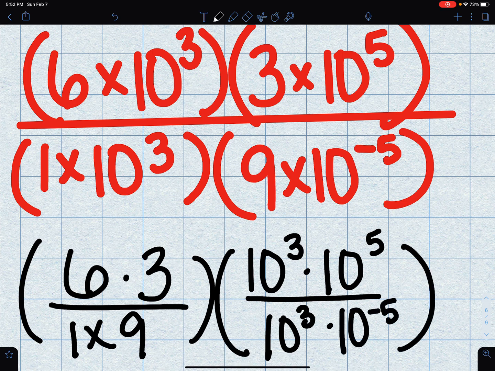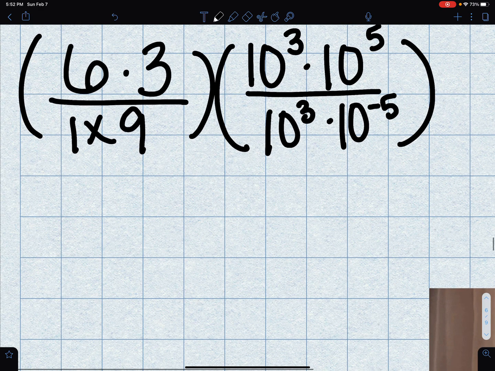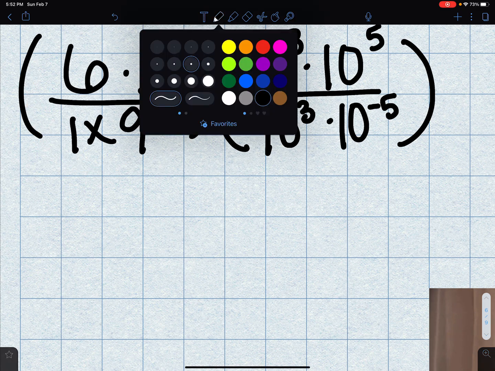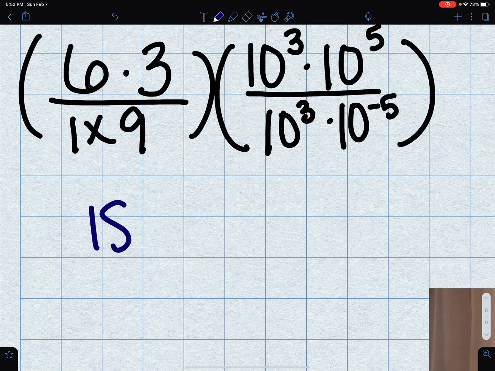Okay, so what do we do with this? All right, let's multiply this out first. 6 times 3 is going to be 18 on the top, 9 on the bottom.